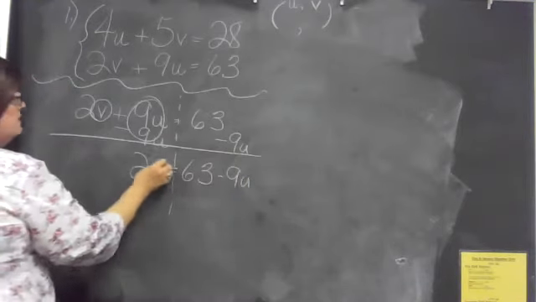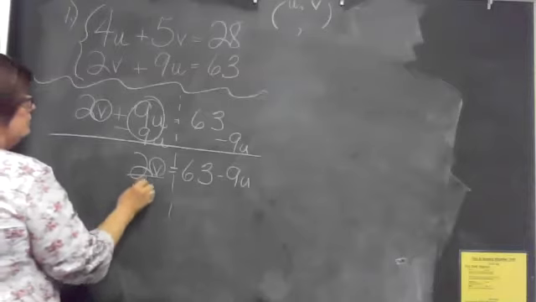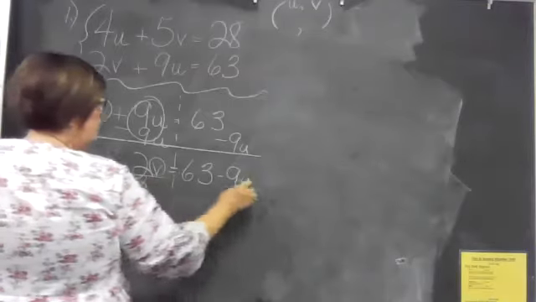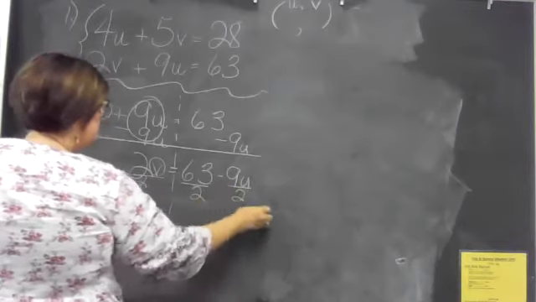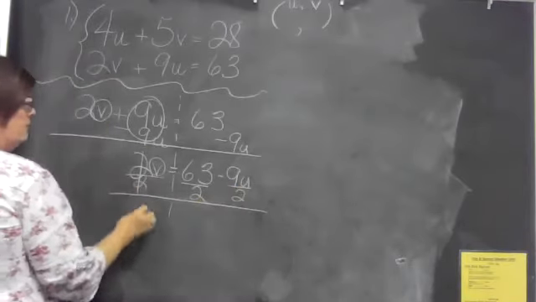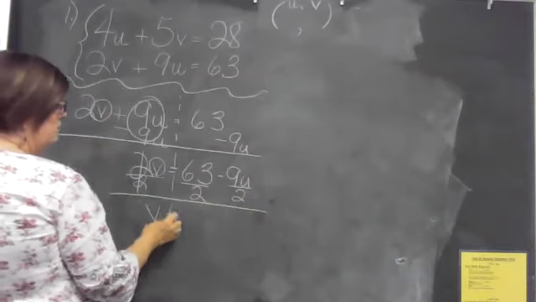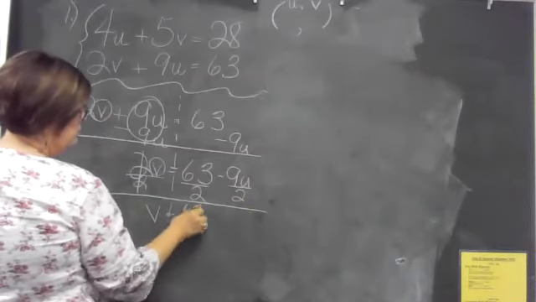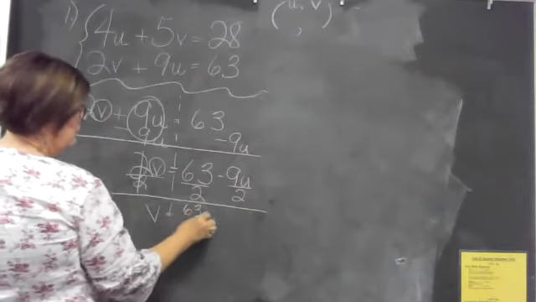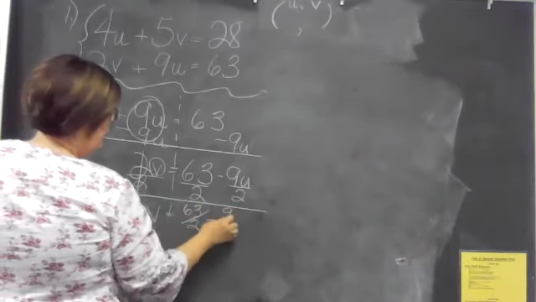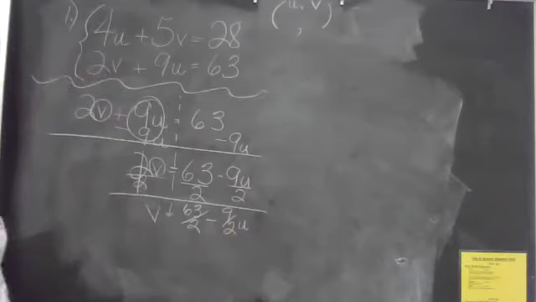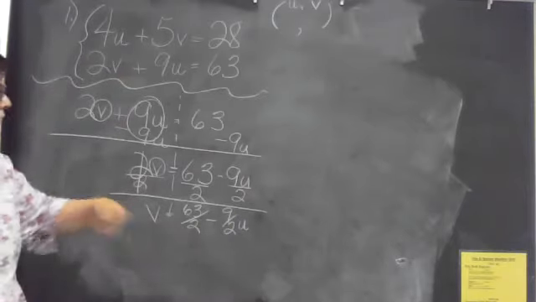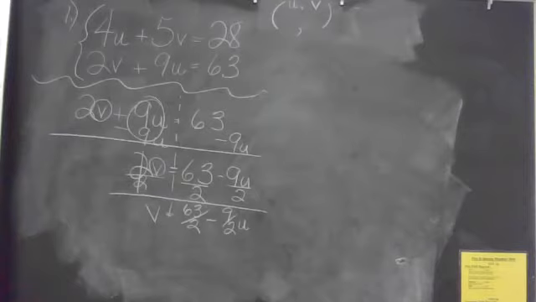And to get v by itself, I need to divide by 2. So I divide the whole side by 2, but I separate it so I remember to do it all. v equals 63 over 2 minus 9 halves u.